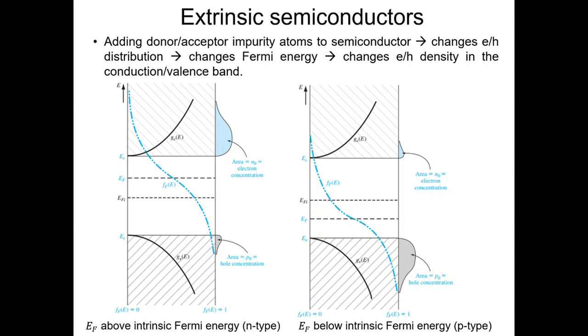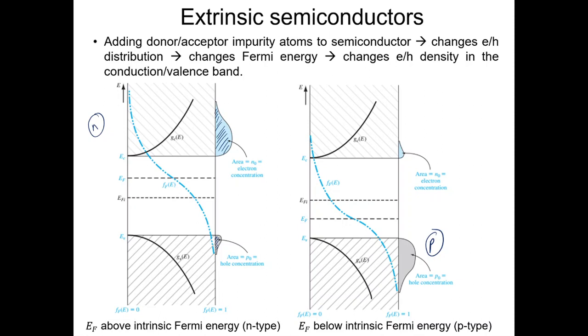So that's exactly what happens in this case. The Fermi energy will shift. The Fermi energy will get closer to the conduction band if it is N type doping, and the Fermi energy will shift close to the valence band if it is P type doping. Now if it is N type doping, of course the electron concentration will go up. As you can see, the area under the curve in the conduction band for the electron concentration is higher, but similarly the hole concentration will go down, and we will see the maths.